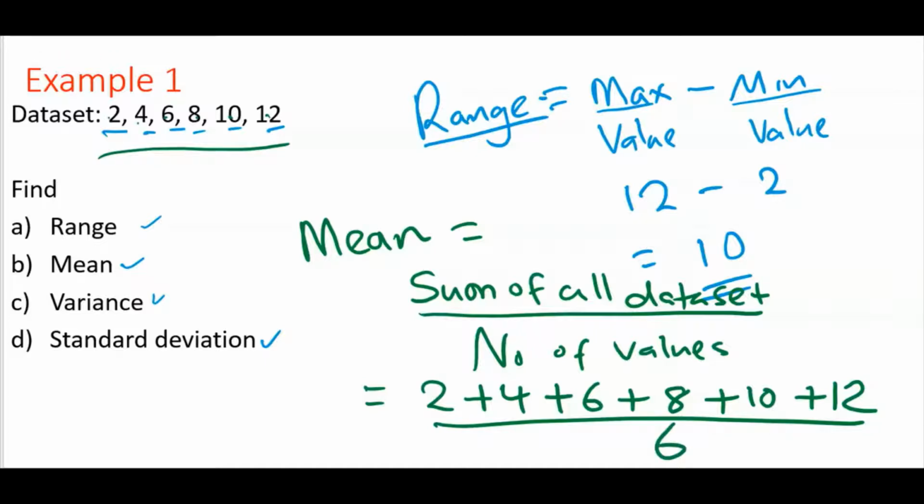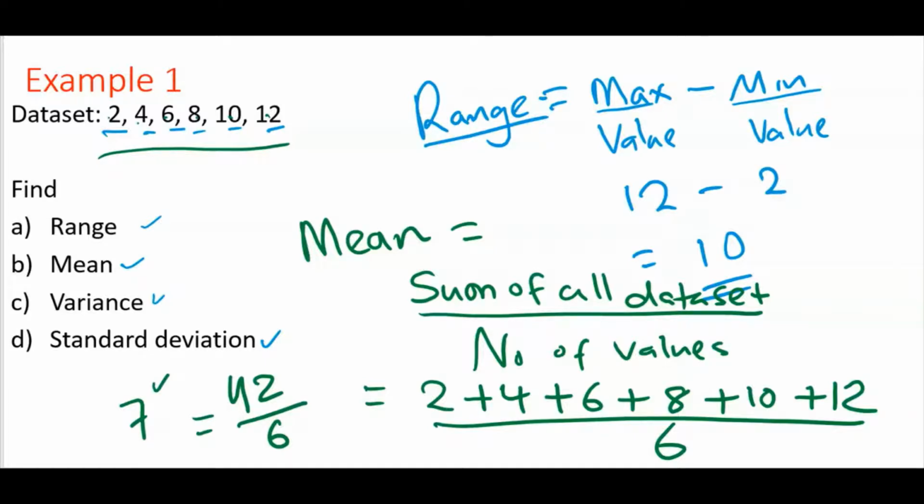There are 6. So when you add these numbers, what you get is 42. 42 divided by 6 is equal to 7. Therefore, the mean of this dataset is 7.